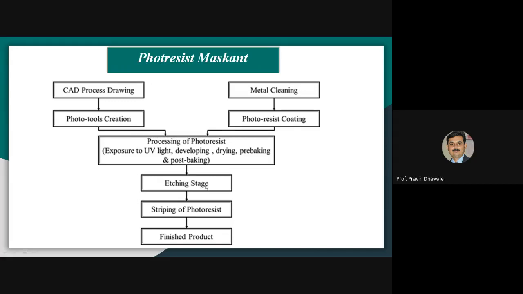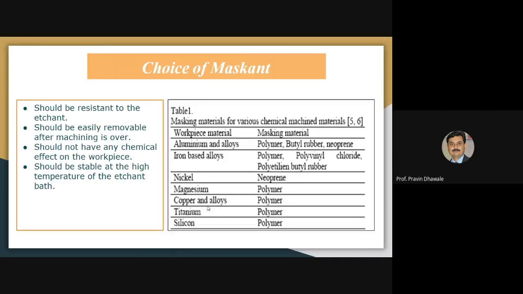After etching, stripping of the photoresist is carried out, and finally, after stripping of the photoresist, we get the final product by using the photoresist masking process. So this is the third method by which we can apply masking over the workpiece.